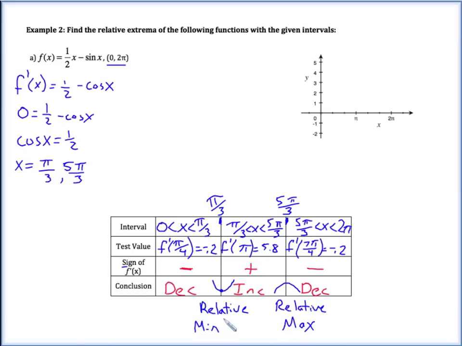Okay, so the minimum, we know the x value is pi over 3, and the maximum, we know the x value is 5 pi over 3. Now, to go ahead and find our answers, let's just get an approximation. You're going to plug them back into this original function. So to find our minimum, we need to find the point pi over 3, comma, f of pi over 3.